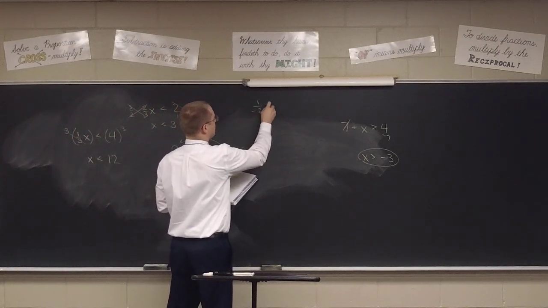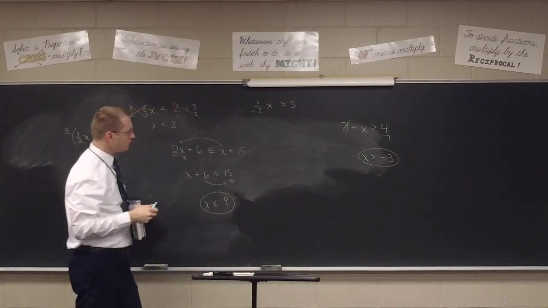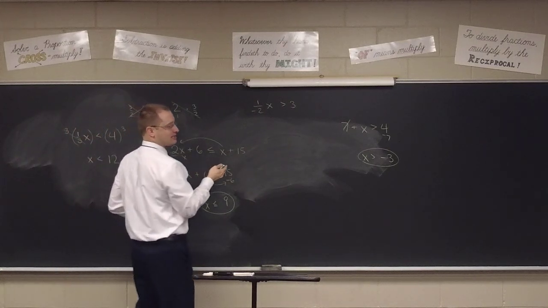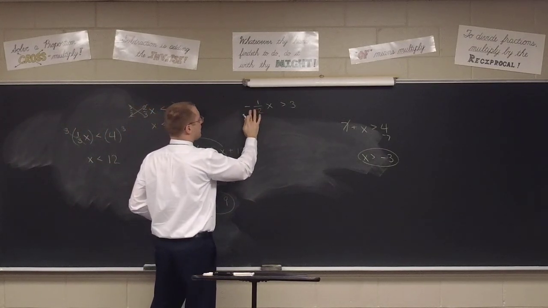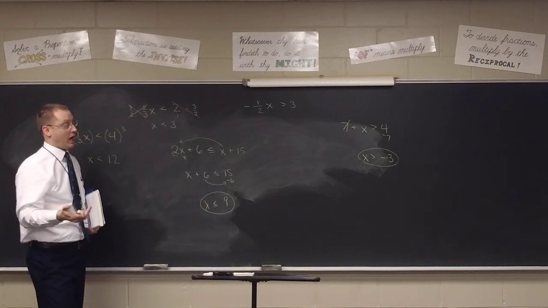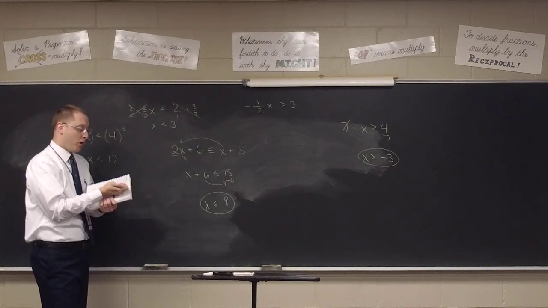Look at number 6. 1 over negative 2x is greater than 3. Well, this is technically, we would say, where does the negative belong, class? In front of the fraction. And so to get rid of this negative 1/2, I should multiply by the reciprocal, which would be what?